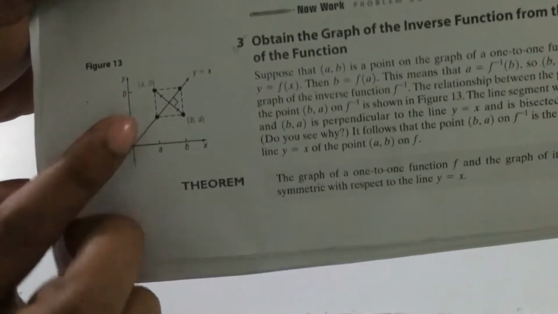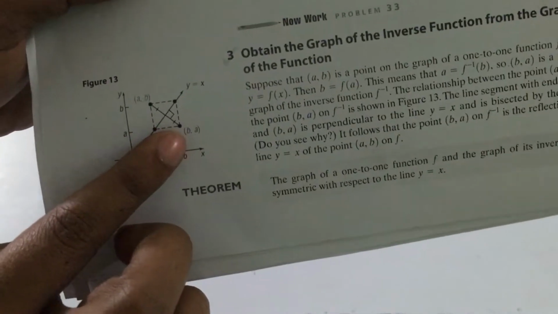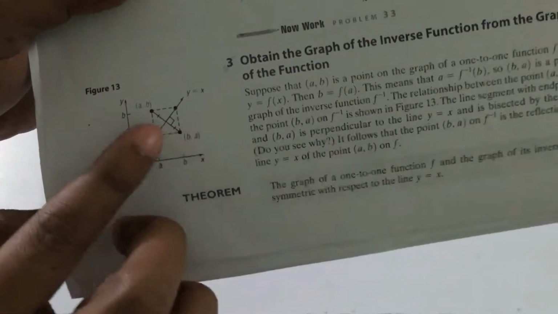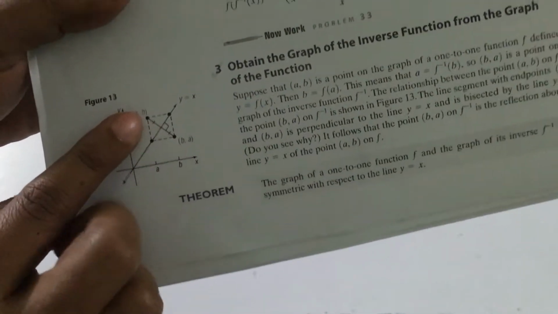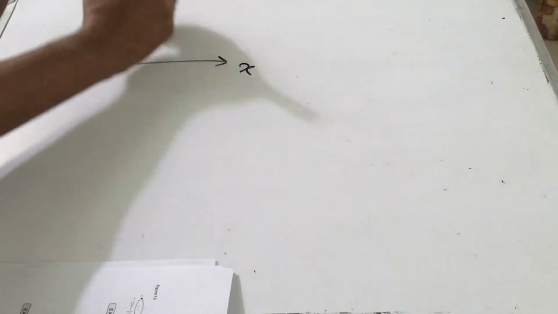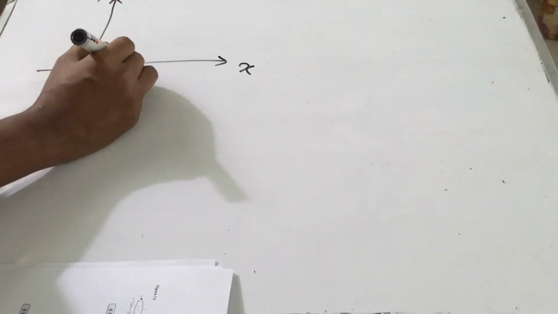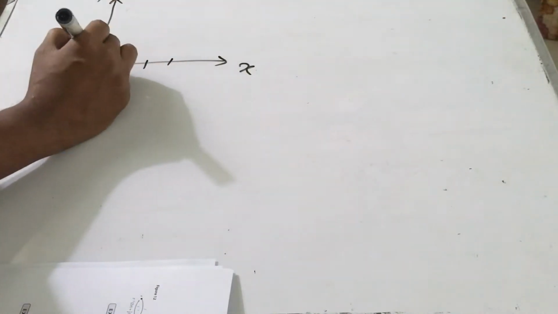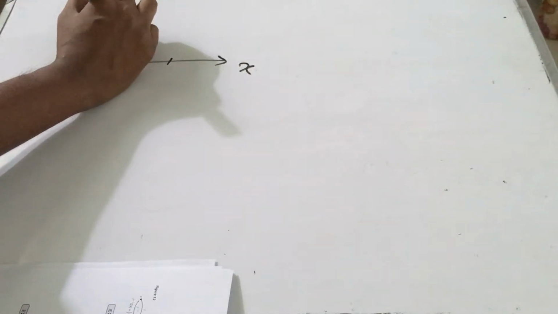If it is AB, the inverse will be BA. Let me show you this. Suppose you have a graph with an x-axis and a y-axis, marked 1, 2, 3, 4 on each.